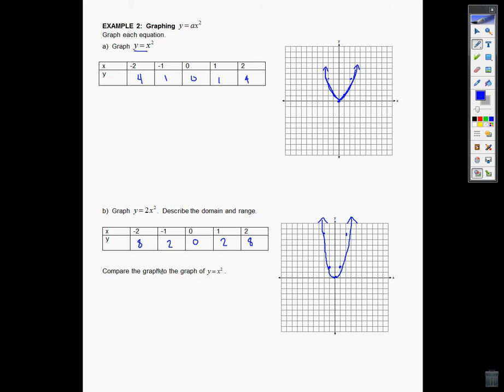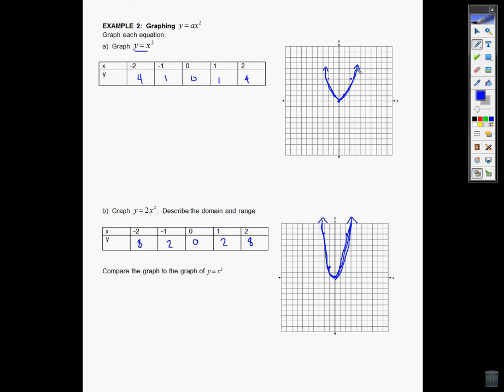If I want to compare to the graph of x squared, what does it look like changed? Hopefully you can recognize that we're seeing a more rapid increase here than we would see up here.